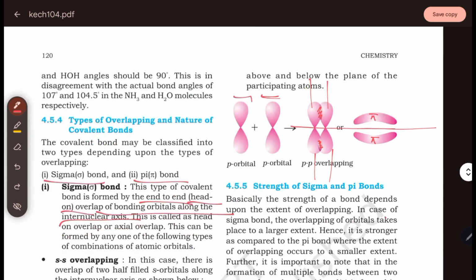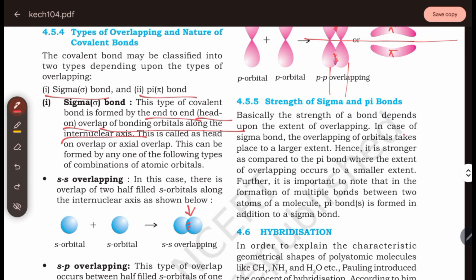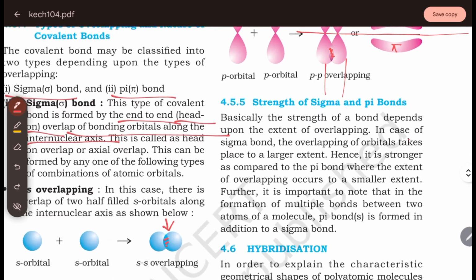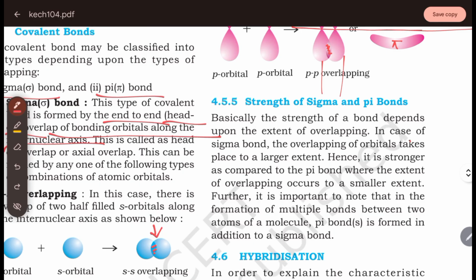So the strength of the sigma and pi bonds is obviously different. Since the extent of overlap in a sigma bond is greater, always remember that a sigma bond is stronger than a pi bond. For that reason, a pi bond is more reactive because it is not as strong as a sigma bond.